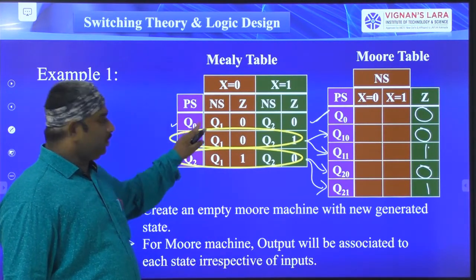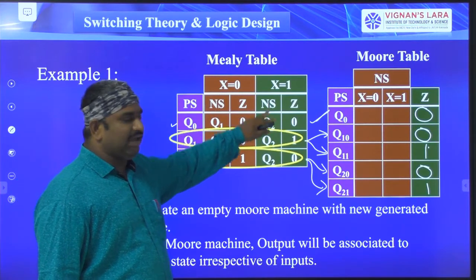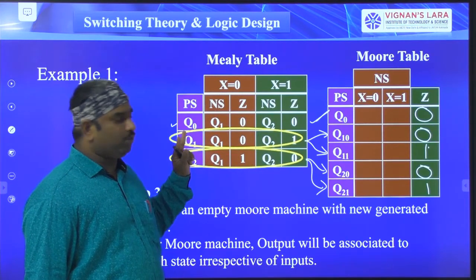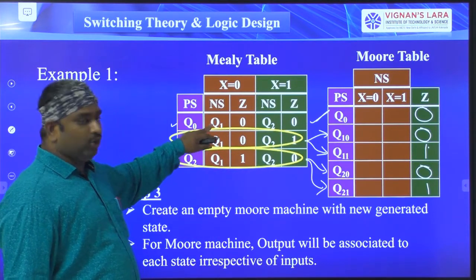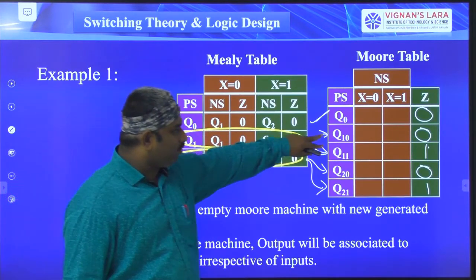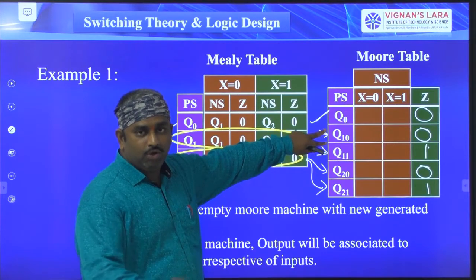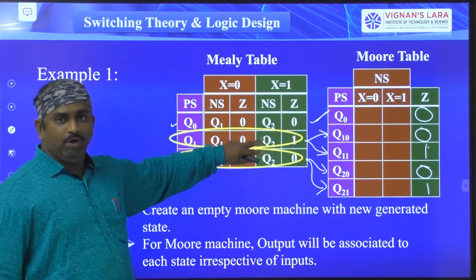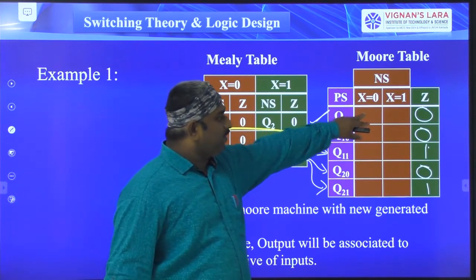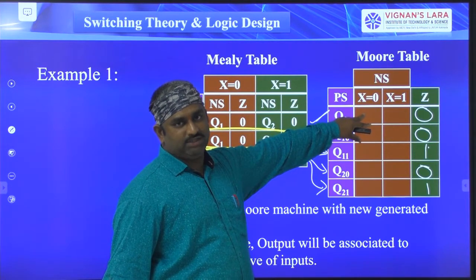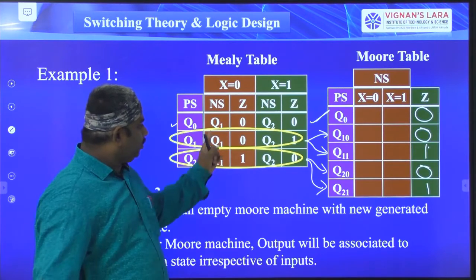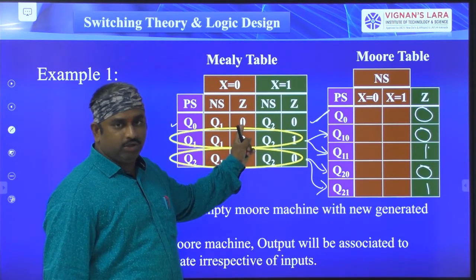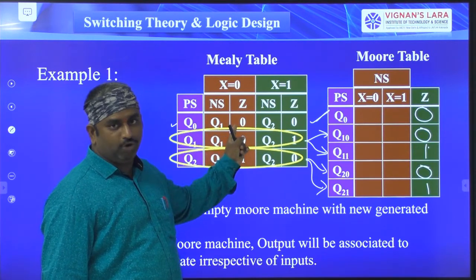Next, whatever the next states are for x equal to 0 and x equal to 1, write down the states. But when you are writing, this Q1 we have divided into Q1 0 and Q1 1. Now Q1 is not available, so what value do I have to write here? See here, Q1 is available as the next state with output 0.